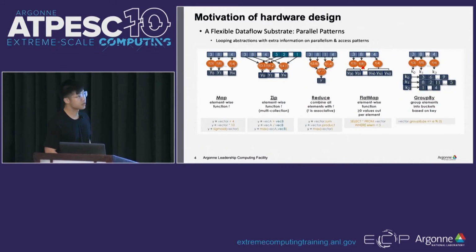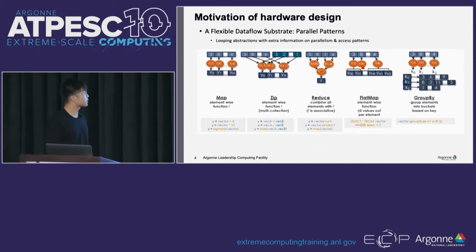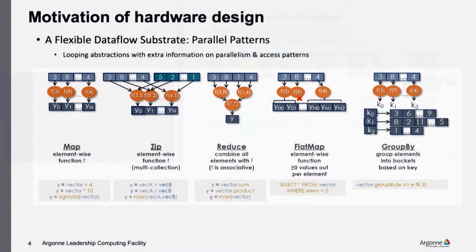First, I will introduce the background of this hardware design. As we know, if we want to run some workload on the GPU or something else, we have a lot of parallel patterns. The patterns I listed in this slide are map, the element-wise function, and zip, which combines things together.